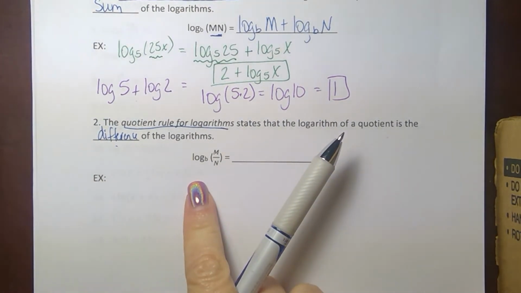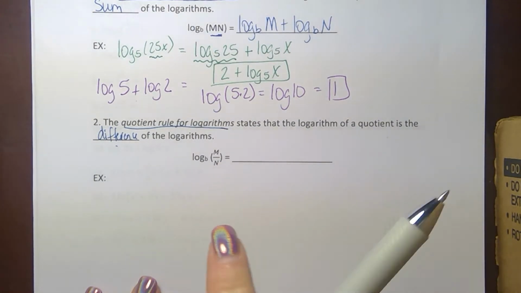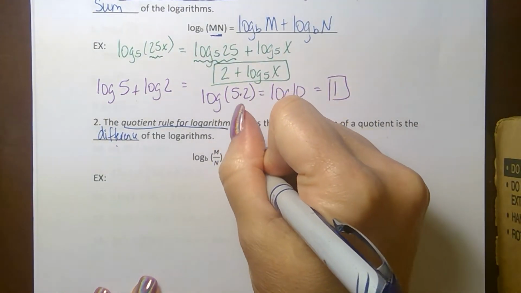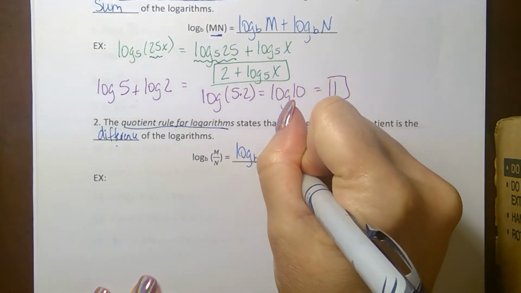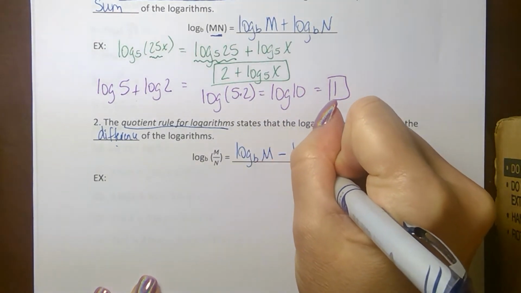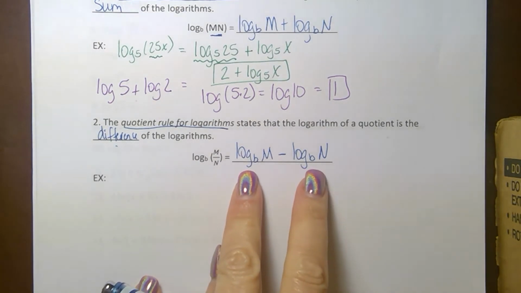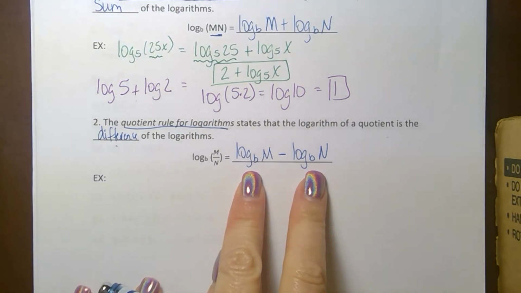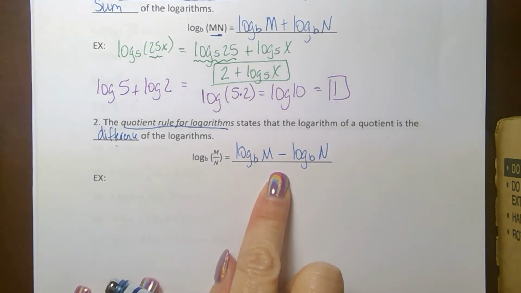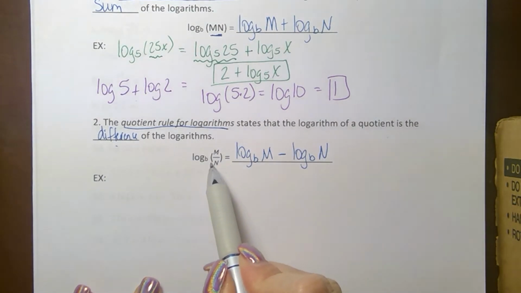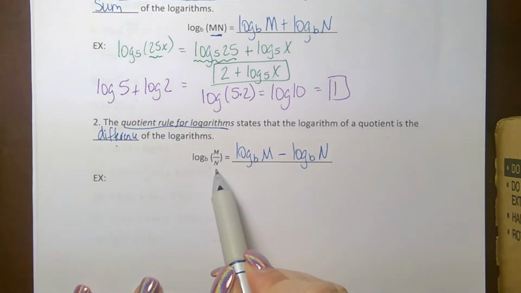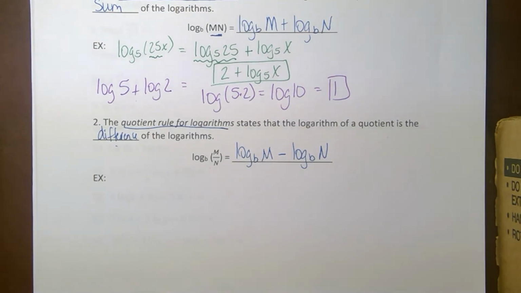So in general terms, log base b of m divided by n is the same thing as log base b of m minus log base b of n. Where I have a quotient in my argument, I can separate that out and expand it to 2 separate log statements by using subtraction. Whatever was in the denominator of my quotient gets subtracted out.